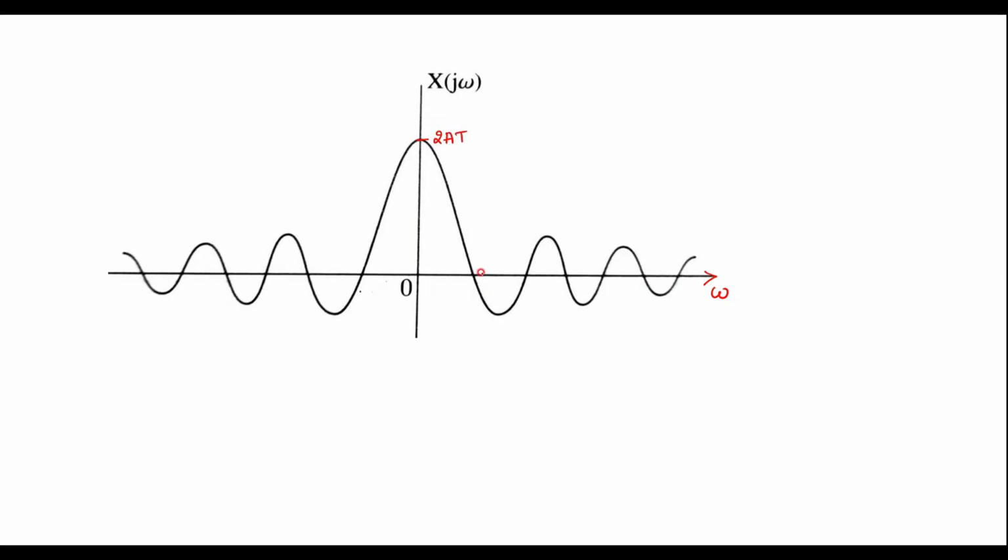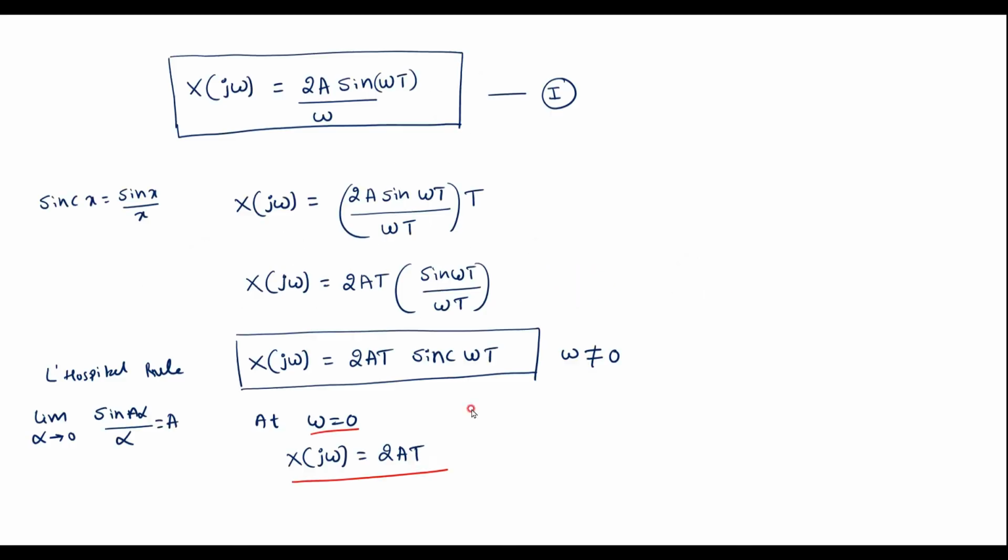And here we can see that these are known as zero crossings. Zero crossings are calculated from sin(ωT)/(ωT). At zero crossings, the X(jω) value is 0, that is sin(ωT)/(ωT) is equal to 0.